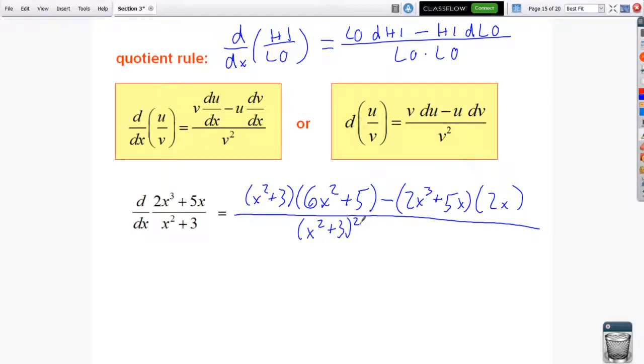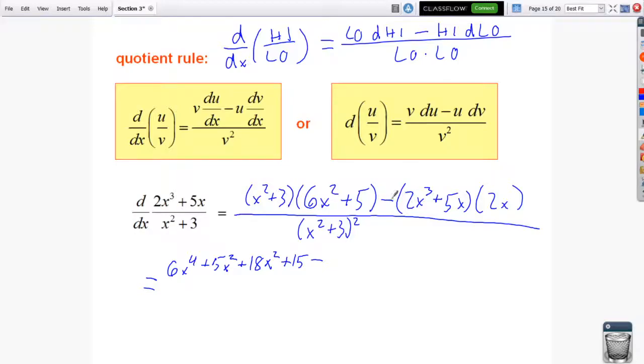Now, just because I don't like it like that, because I am a math teacher, I personally would expand it. So I would have the FOIL, so 6x squared times x squared gives me 6x to the fourth, outside plus 5x, 5x inside, plus 18x squared, plus 15.